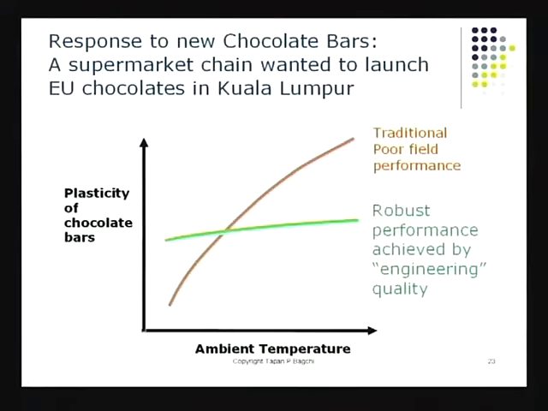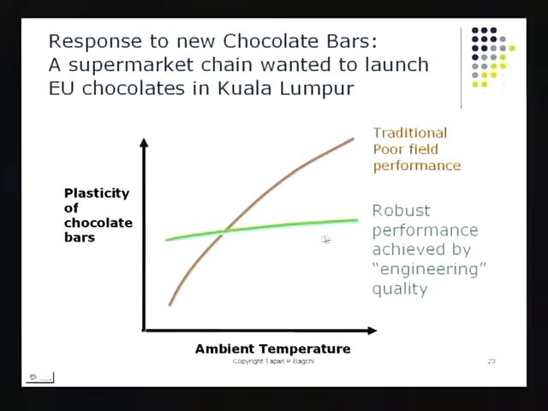So what could be done? They did something called quality engineering. They changed the recipe of the chocolate bars. The red line here shows the high fluidity of the European bars. As temperature went up, the European bars became more and more plastic. Eventually they ended up melting.